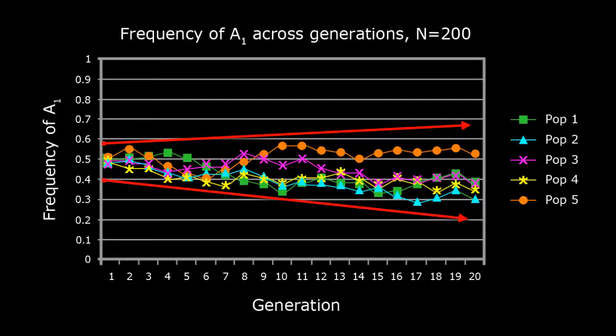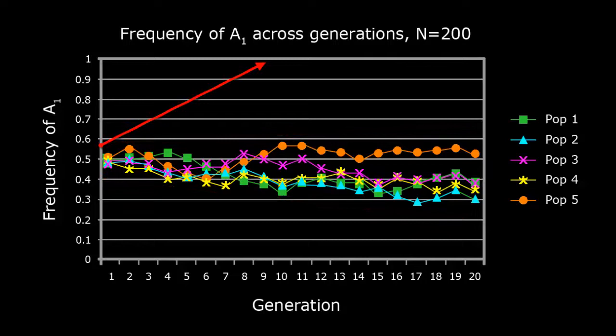We don't have some populations shooting up and becoming fixed. We don't have cases in which A1 is lost from the population. Same process. The only difference here is that we've got many more individuals. So larger populations are more buffered against the effects that randomness, that drift here, can cause.